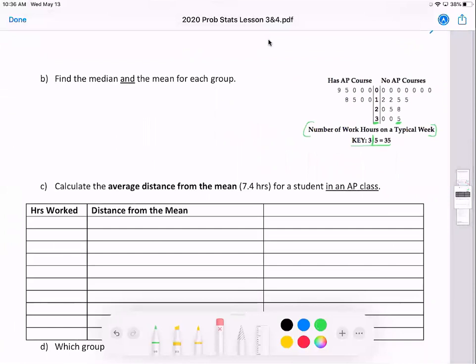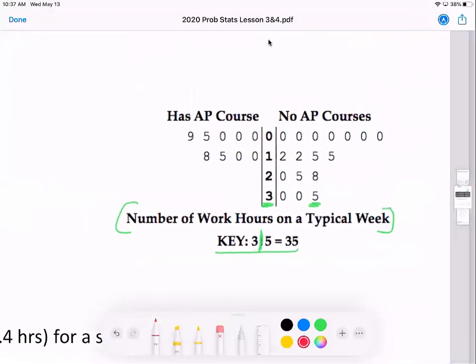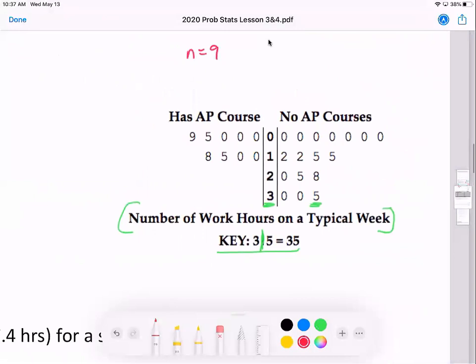I believe we already did the mean and the median, but again, to find the position of the median, you do n plus 1 over 2, and that gives you the position for the median. So for the AP course, there are 9 values, so we'd say n equals 9 on this side. And then on this side, it was 17, I think, n equals 17. So the median is going to be 17 plus 1 over 2, so it's at the 9th position, the 9th number when they're in order.